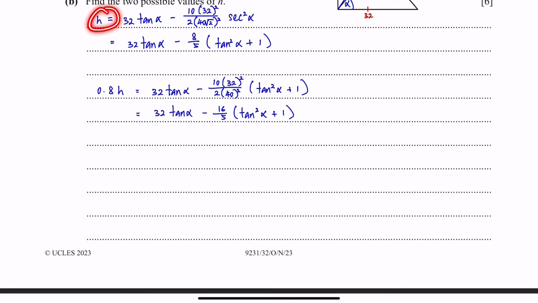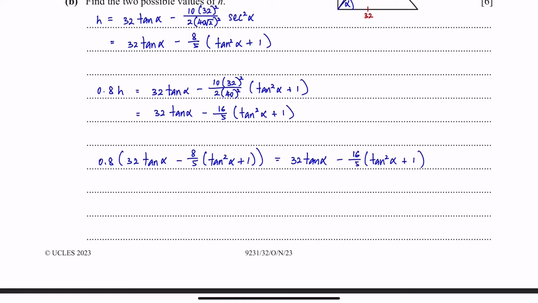So we have h and we have 0.8h. So we have 0.8 times h, which is 32 tangent alpha minus 8 over 5 tangent squared alpha plus 1, equal to 32 tangent alpha minus 16 over 5 tangent squared alpha plus 1.